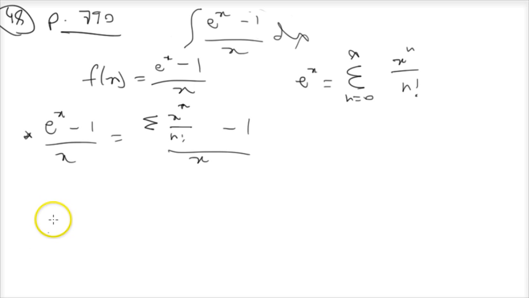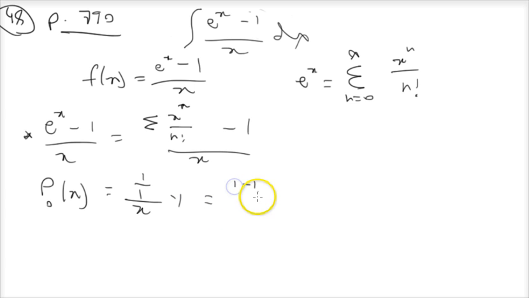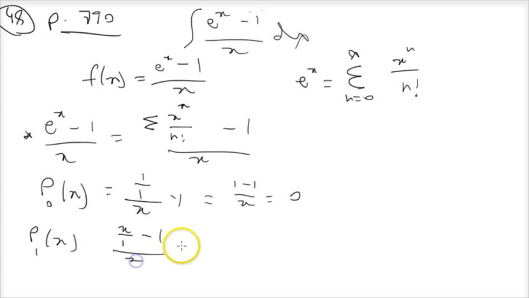So if we were to write out the first term of the series that expands out this function, when n is 0 we would get 1 minus 1 over x, and that would be 0. The second term, when n is 1, we would get x over 1 minus 1 over x, so that would be x minus 1 over x.